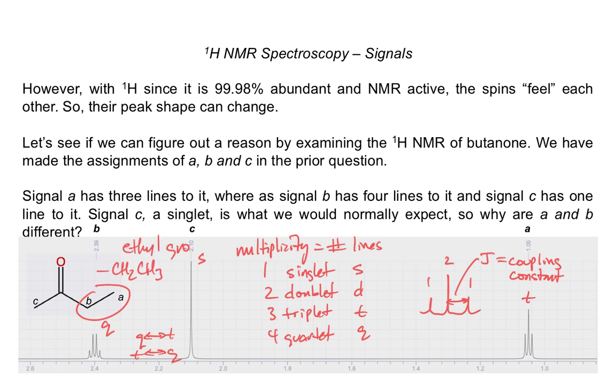It's an ethyl group. An ethyl group will always have a quartet and a triplet. So as you see these different sort of smaller fragments that are common within molecules, they'll have unique signatures in the proton NMR.